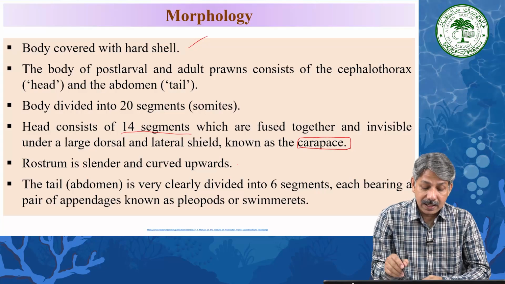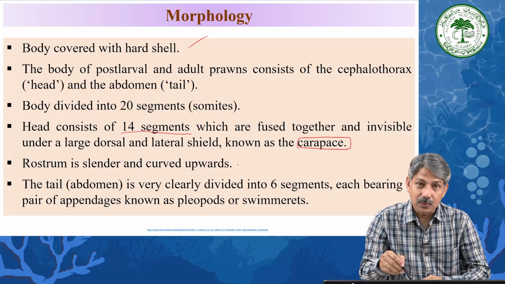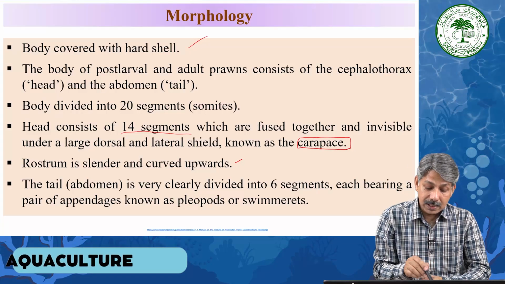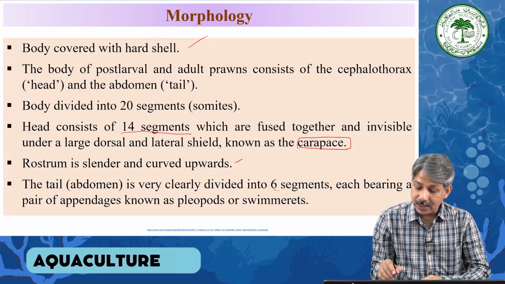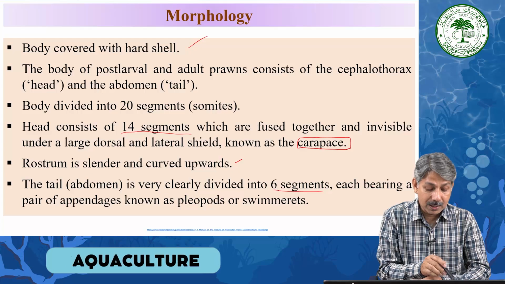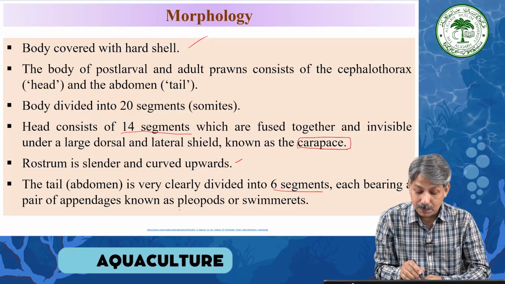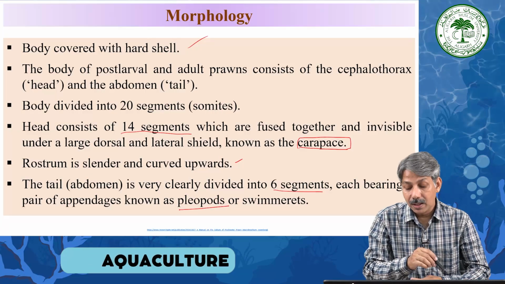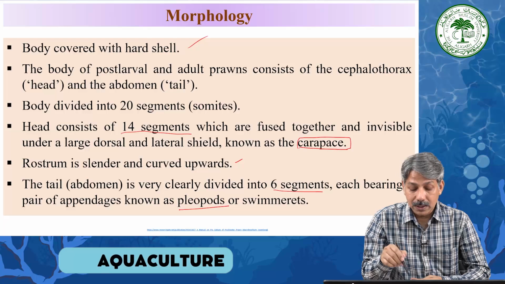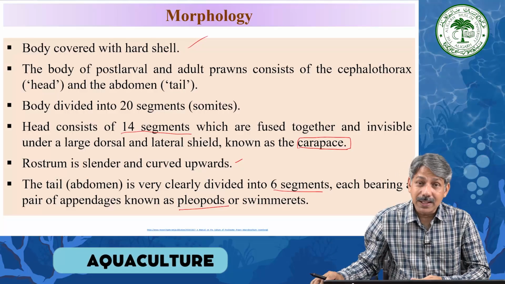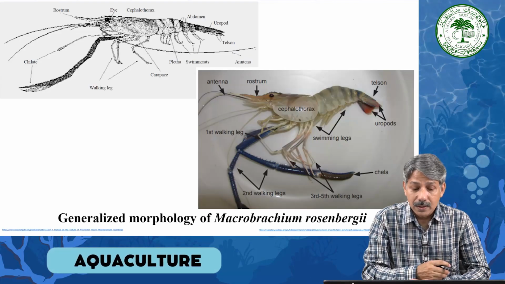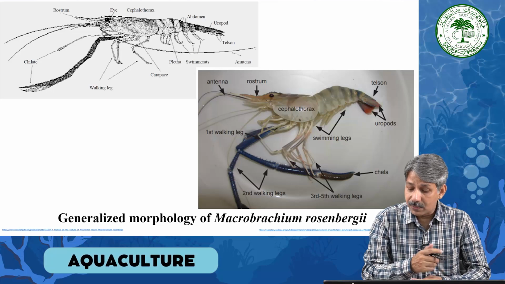Rostrum is slender and curved upwards. That is one of the important points of these prawns. The tail is very clearly divided into 6 segments, each bearing a pair of appendages known as pleopods or swimmerets. So, these are the main morphological features of the giant freshwater prawn.